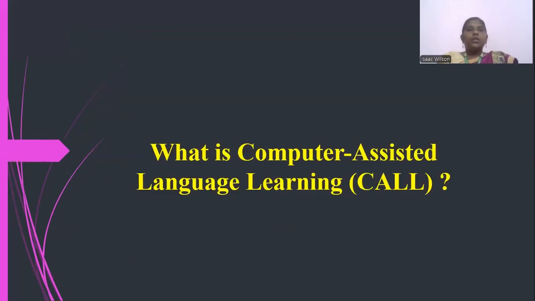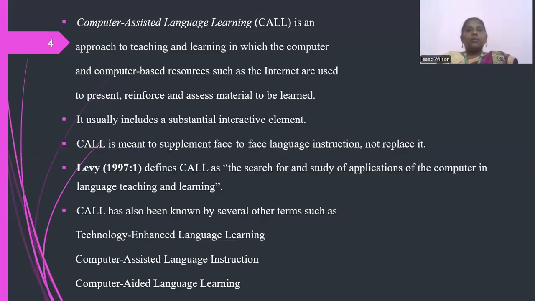So first, what is computer assisted language learning? Computer assisted language learning is an approach to teaching and learning in which the computer as well as computer based resources such as the internet are used to do at least three things.